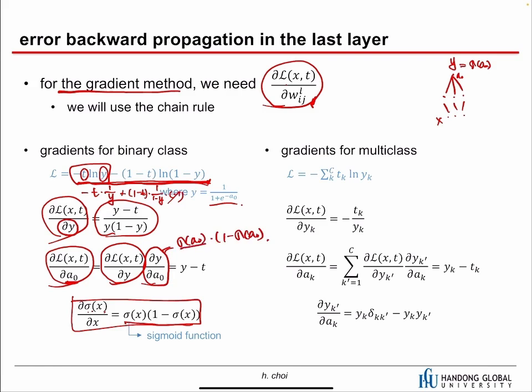And by the way, this sigmoid a naught is y, and this one is 1 minus y. We multiply this term with this one, then we cancel these ones. So now we have y minus t. You can do this by yourself too. The equations are not that complicated, but when you derive them, be careful with the subscripts and superscripts, okay?